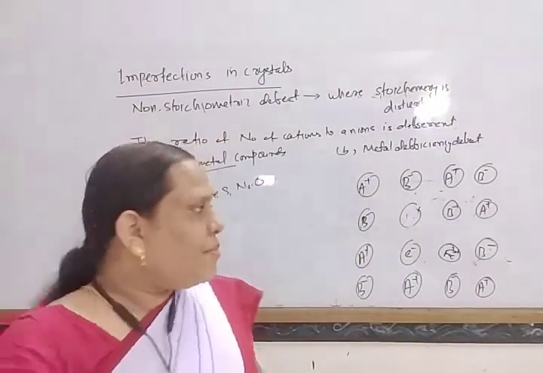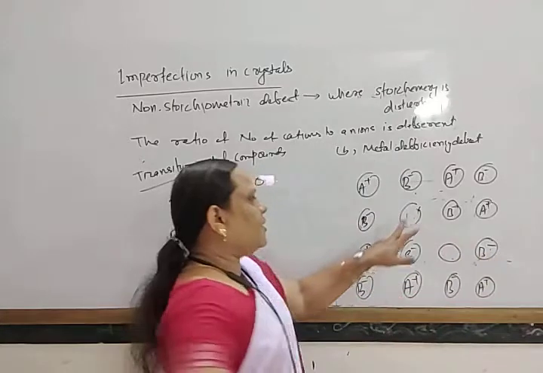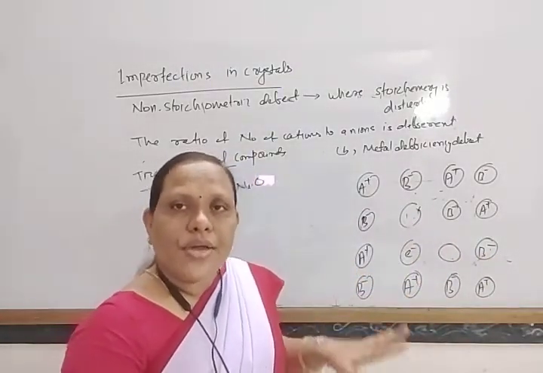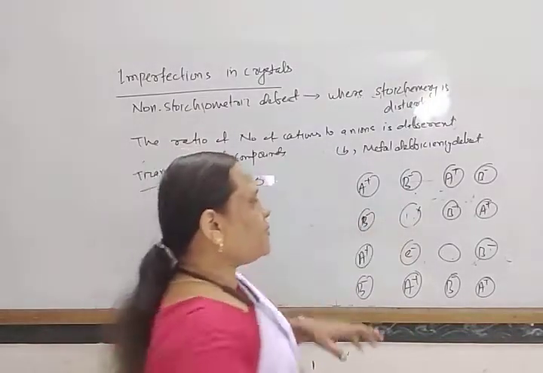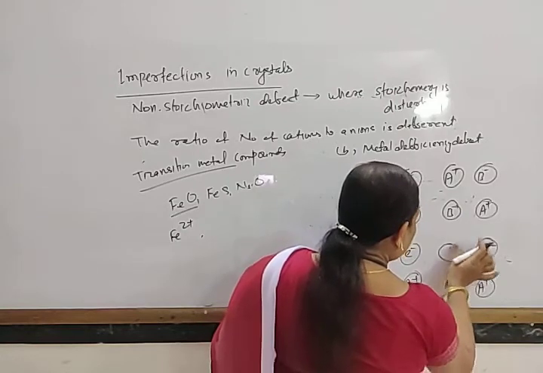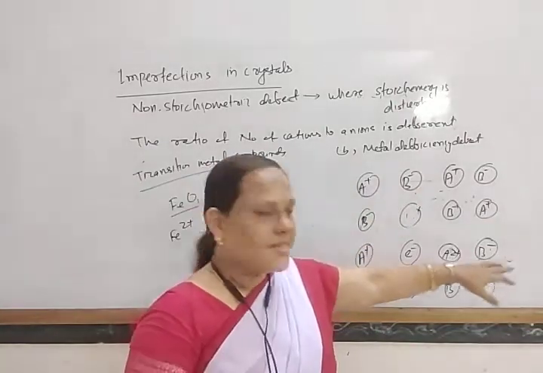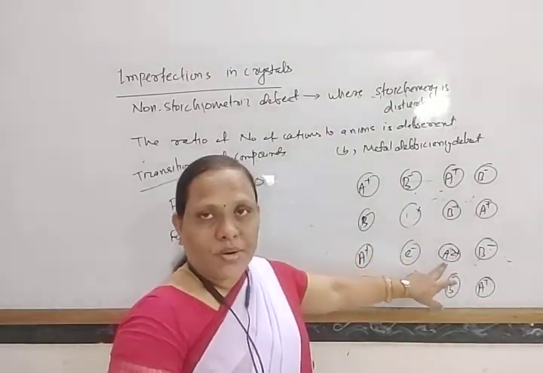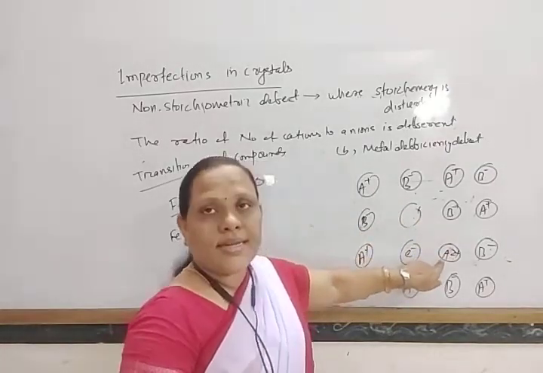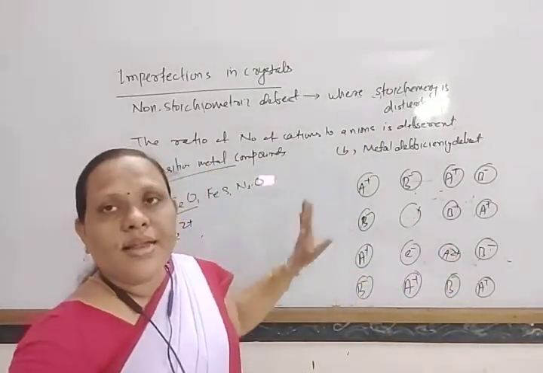So in case of this defect, some cations leave their position. Cations having lower oxidation number leave their position, and another cation having higher oxidation number remains there. Suppose A plus, A plus, A plus is there, and another has A2 plus. If two A plus are removed and another A2 plus remains in the lattice, in this way it can maintain the electrical neutrality.